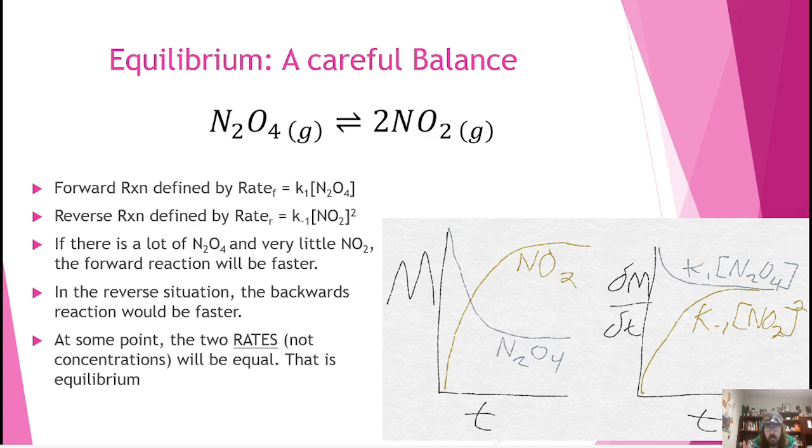When they meet, we're at equilibrium. Note the two rates are equal, not necessarily the concentrations. We're not going to go till there's 1 molar of each, but we will go till the rates are the same. That is what it means to be in equilibrium.